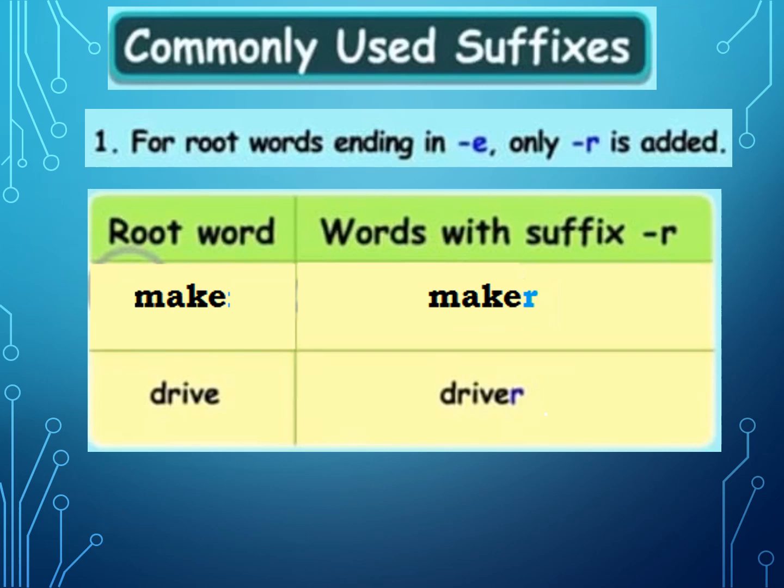The root word make changes when we add r into maker. In the same way, the root word drive, when you add the suffix r, changes into driver. These two are nouns.